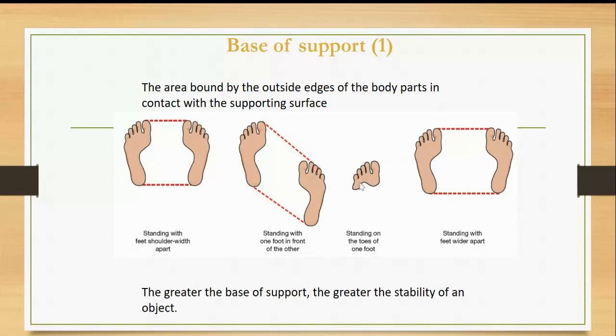Especially when you compare it to someone who's standing on one foot on their tippy toe, their base of support is tiny. So their stability would be much less. It would take much less resistance in order to enable them to lose their stability.